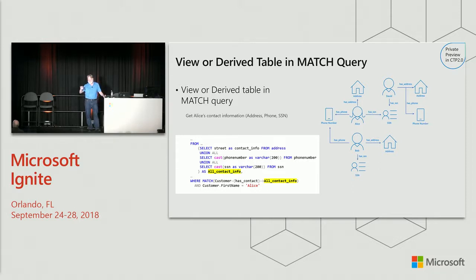You have a derived table here as all contact information. Select street as contact information from address, union all, select cast phone number as varchar 200 from phone number, union all, select cast SSN as varchar 200 from SSN, as all contact information. And then you can do a match with all contact info. So this allows that. And this plays into the next demo, which is going to be about fraud detection.